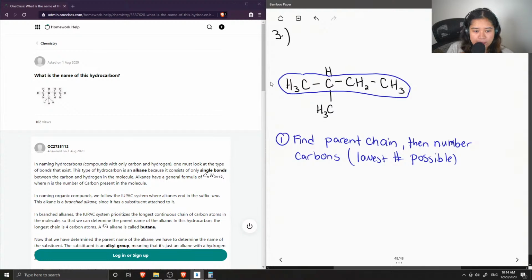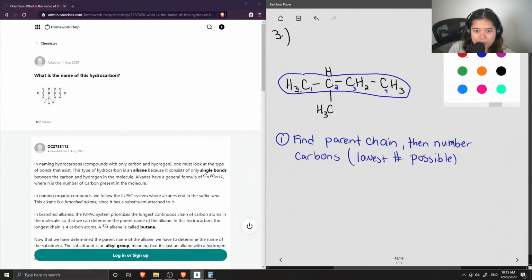And now I want to number the carbons, and I want the lowest number possible in my final name. So I'm not going to start numbering from here because this would make the methyl group on carbon 3, when I know that if I started numbering from here, the methyl group is on carbon 2, which is the lowest number. So we start numbering left to right.